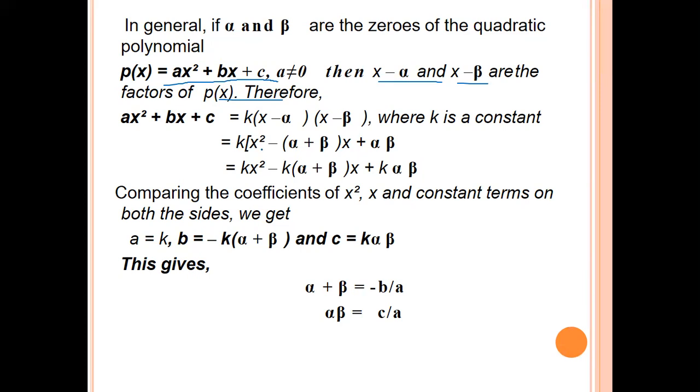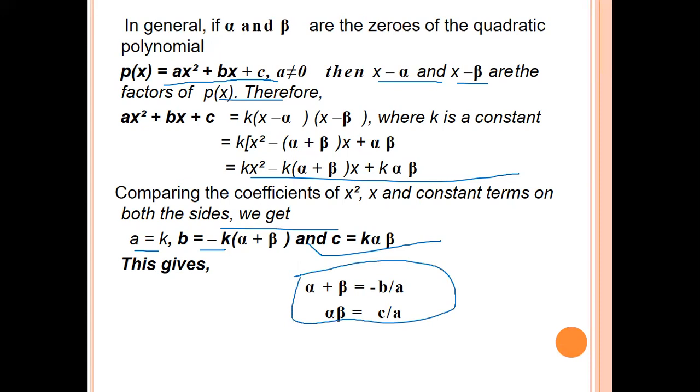After multiplying and simplifying, comparing the coefficients of x², x and the constant term from both sides, we get a = k, b = −k(α + β), and c = kαβ. This gives us two relations: α + β = −b/a and αβ = c/a.